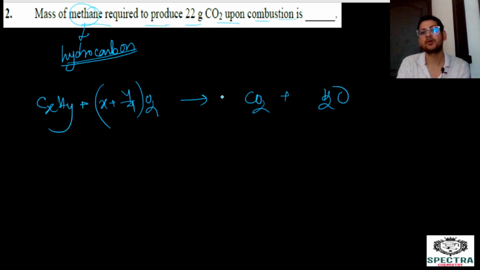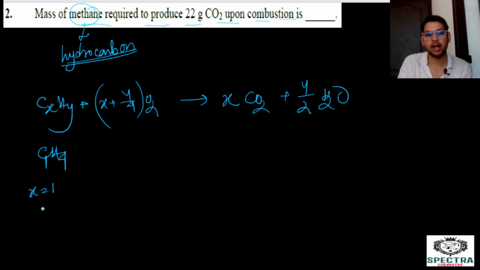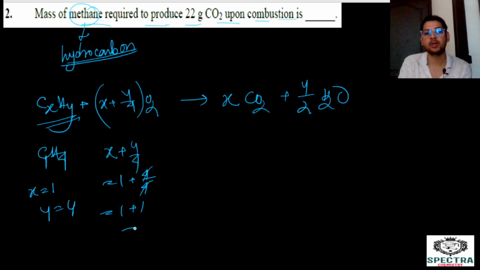It is x plus y by 4 oxygen, giving x CO2 and y by 2 H2O. Methane is CH4, so x equal to 1 and y equal to 4. Putting these values, I get 1 plus 1, that means 2 moles of oxygen.